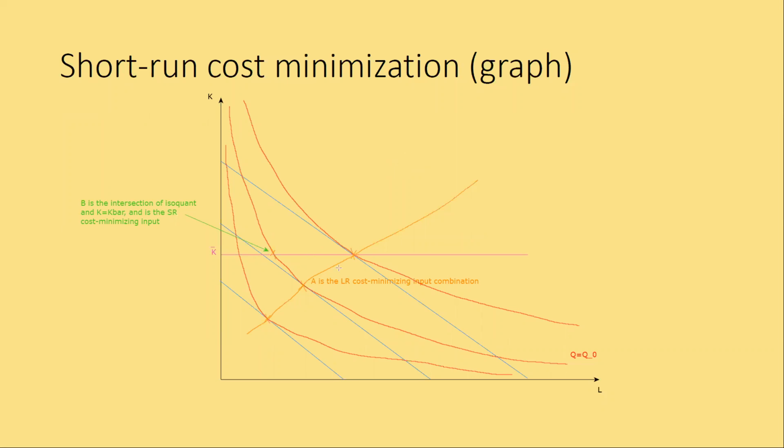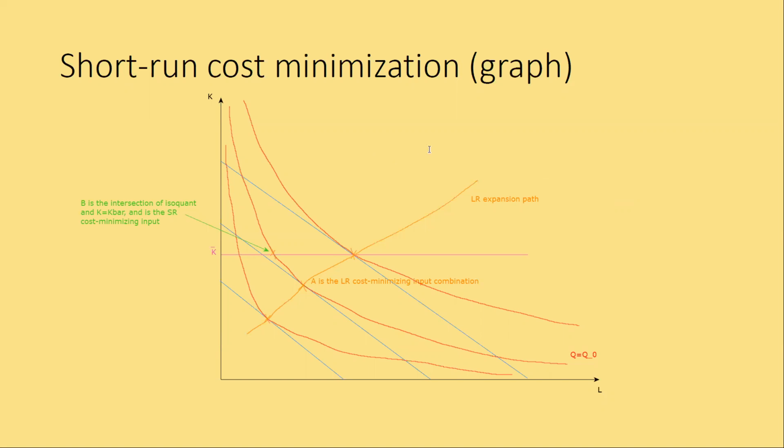All right, so the orange curve is the long run expansion path, because the optimal input combinations are along this path as the firm increases its target level of output.